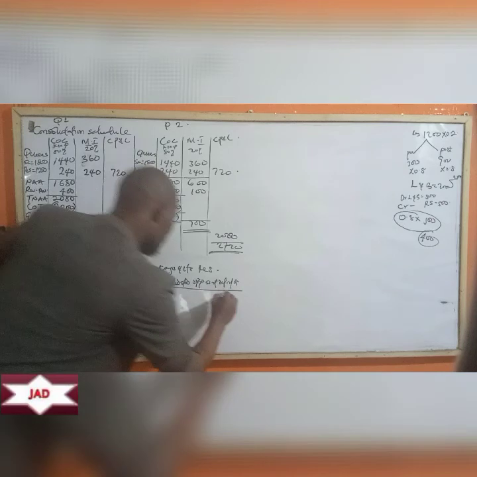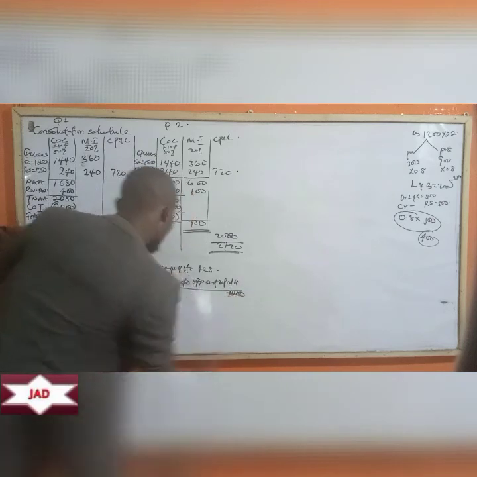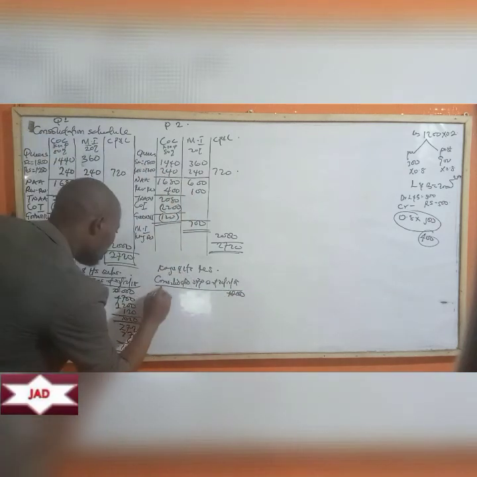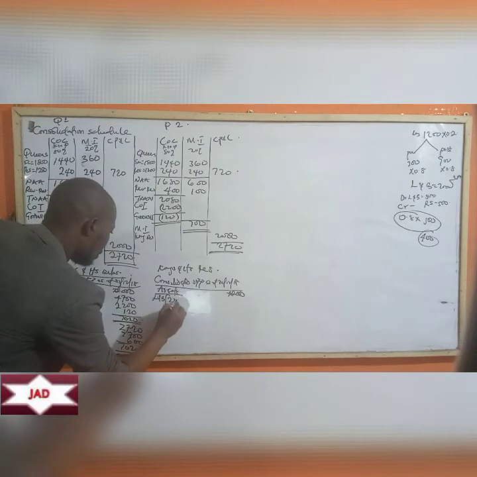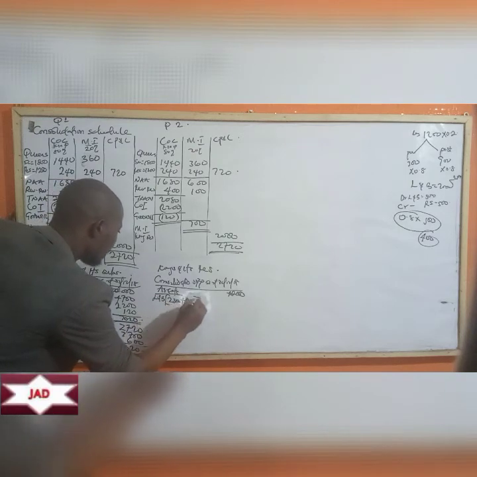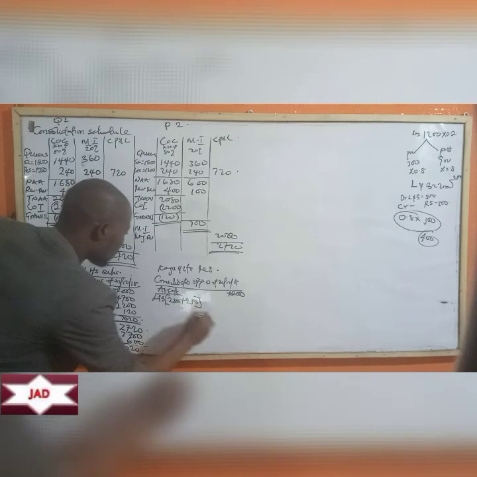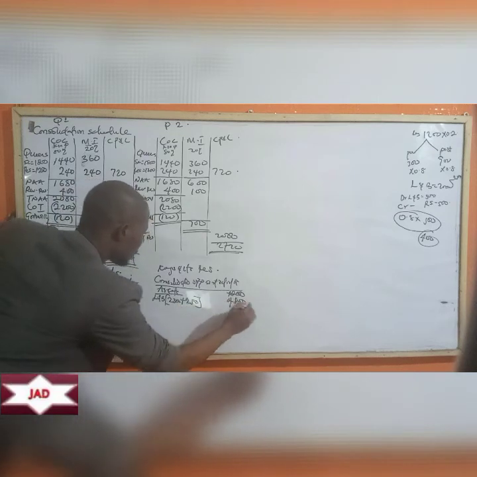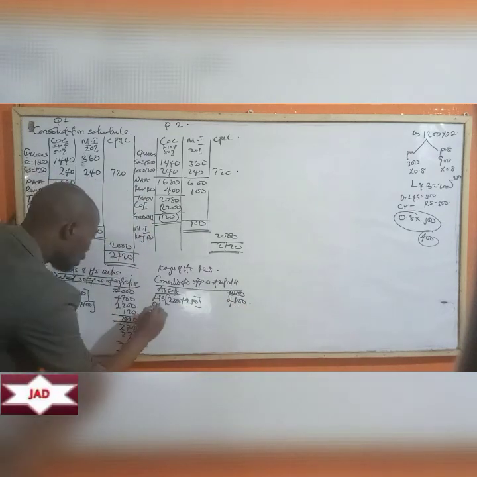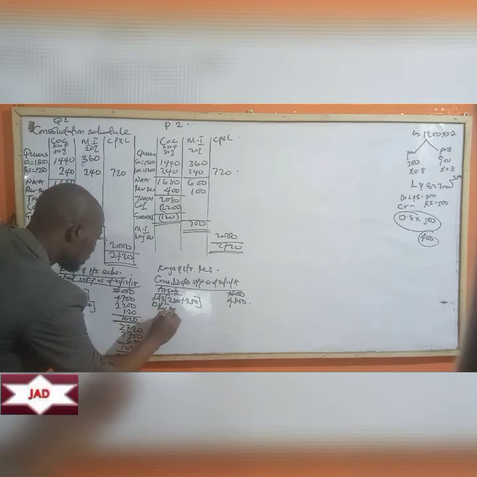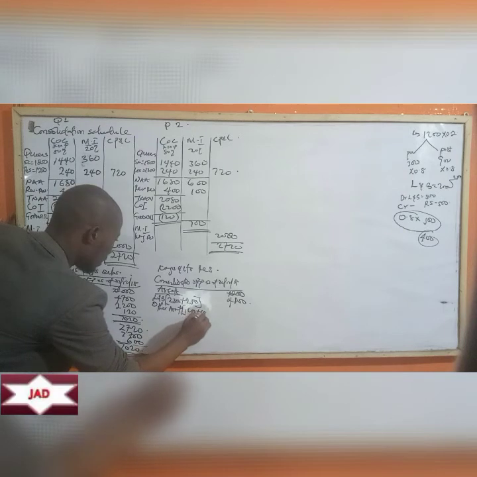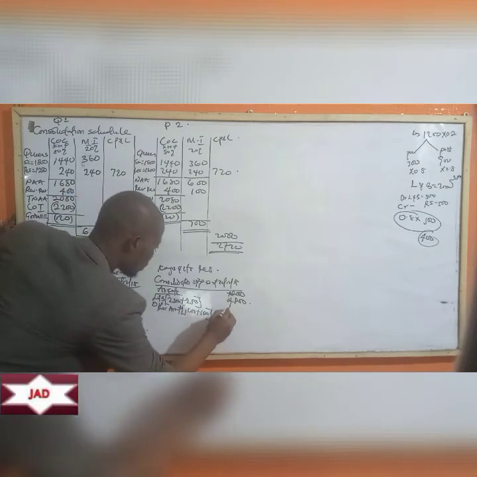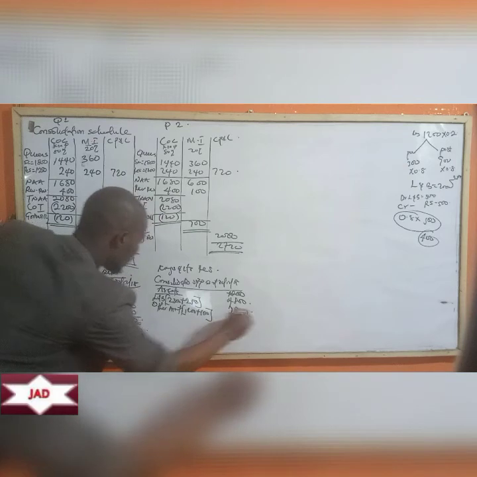So everything here is the same thing, except that it will change now. So we have assets. Land and building will now be 2,300 plus 2,500. We're taking the full amount, right? That will now be 4,800. Other assets remain the same thing. 1,200 plus 1,000, that's 2,200.